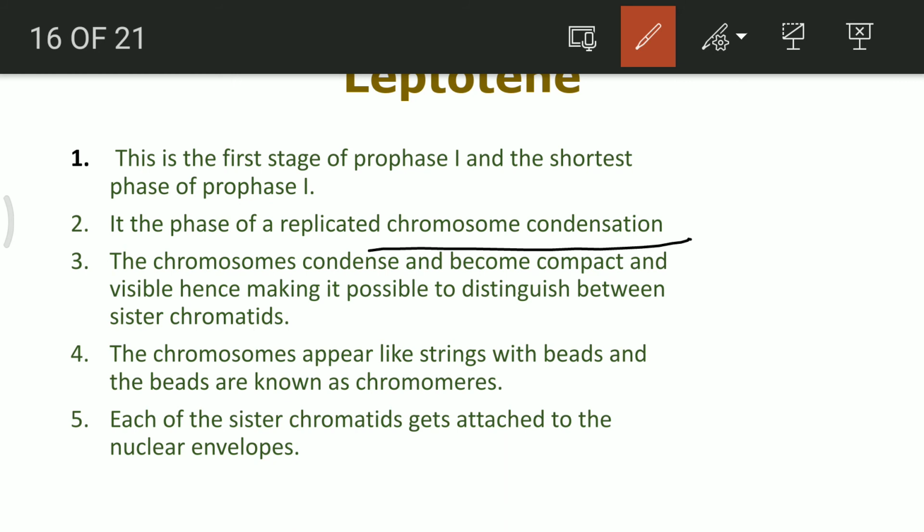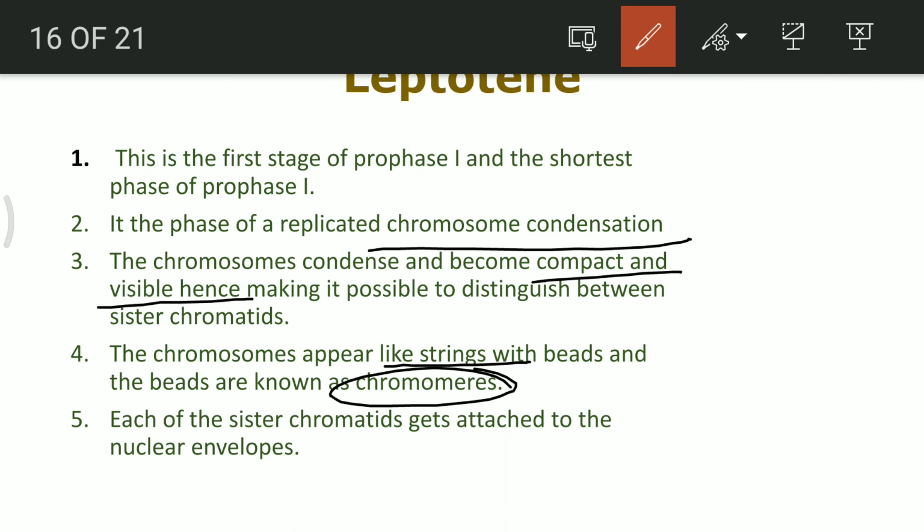The chromosomes condense, become compact and visible, making it possible for us to look into them and understand that they have two sister chromatids as well. The chromosomes appear like strings with beads, and the beads are known as chromomeres. This is a characteristic feature of leptotene.